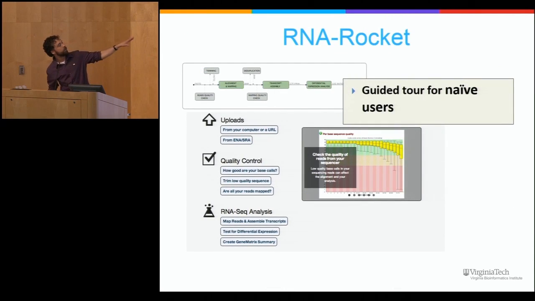So again, we tried to bring the questions that the users face into the interface. We really think that if we just process the data from end to end and just give them the results, we'd be doing them kind of a disservice in terms of making them aware of the challenges they're actually facing. So we bring the questions into the interface, and I just wanted to emphasize that.